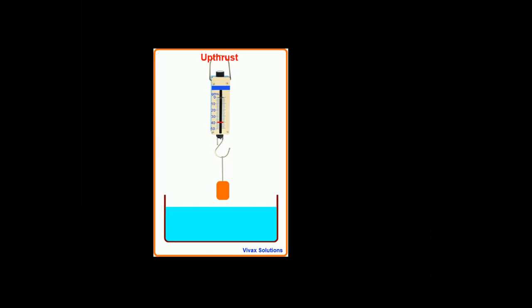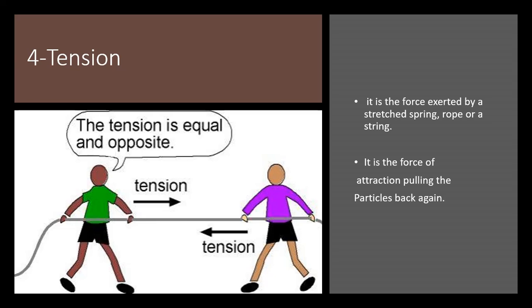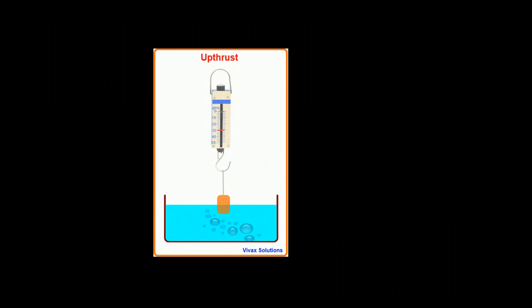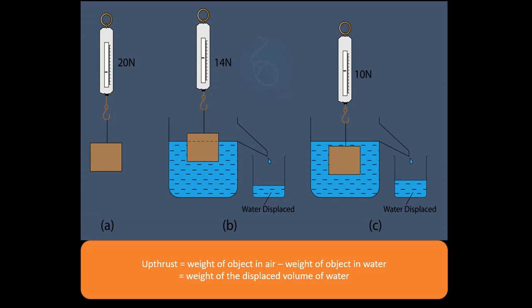Okay, and I just need to mention that if an object has a certain weight in the air, which is for example 20 Newton, right? And you put this object in water, you're going to find that its weight actually decreases.